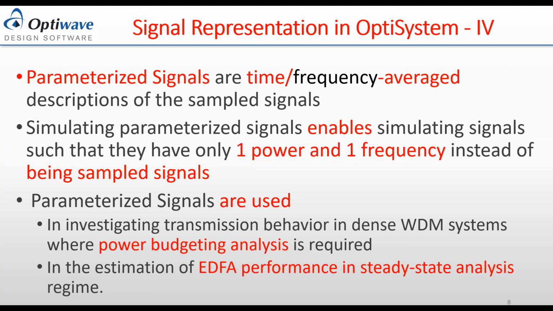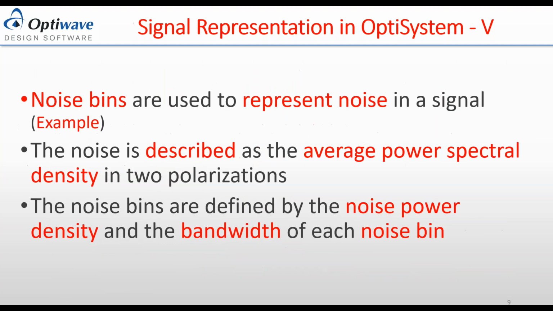This would be mainly used in applications like power budgeting analysis in WDM systems, or, for example, analysis for EDFA and steady state analysis, like if you want to find gain or noise figure. All of these things can be done in the parameterized signal format.